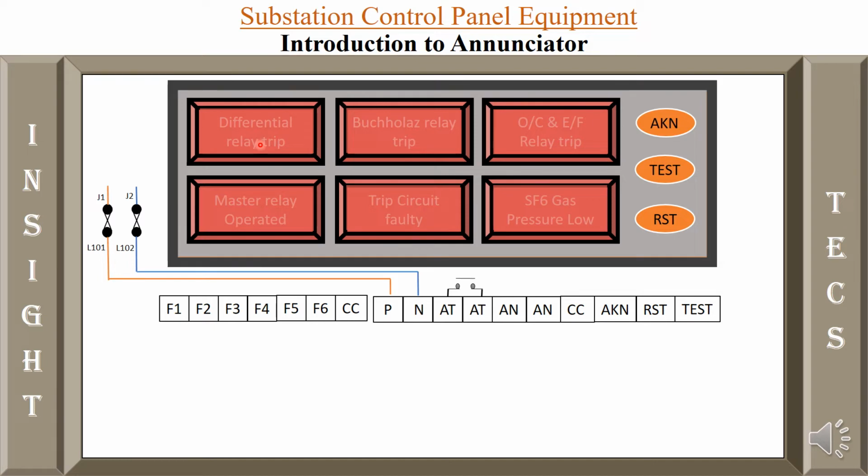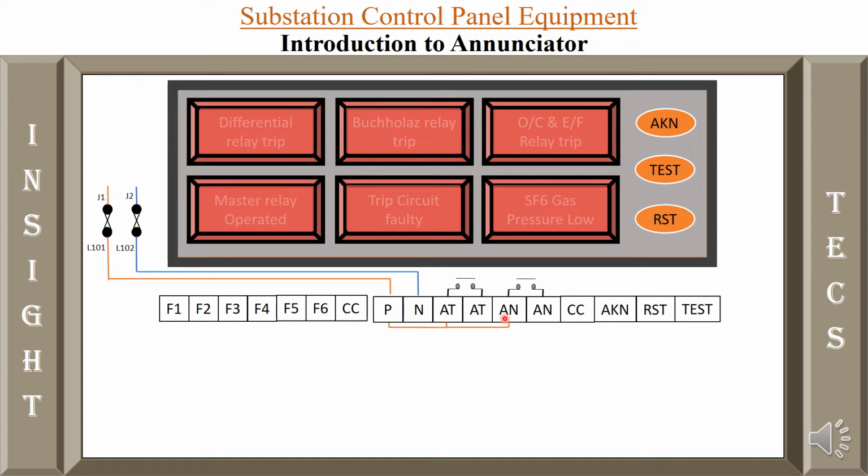If these relays are tripped, then this contact will be closed, and then these windows will glow in the annunciator. So let's give supply to this. Similarly there is another non-trip contact, which I will explain later. First of all, let us connect this trip and non-trip contact.